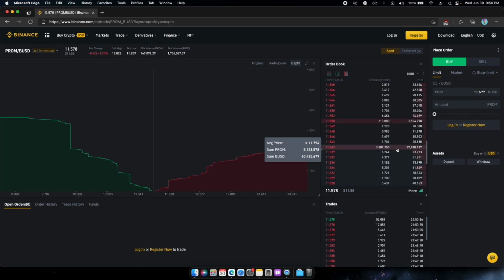So especially on an illiquid coin such as this one, which means it's thinly traded, there's not a lot of activity on this coin, you can use that information to kind of gauge where to enter a trade or exit a trade. So let's say that I am wanting to sell and I want to get out at 11.85.